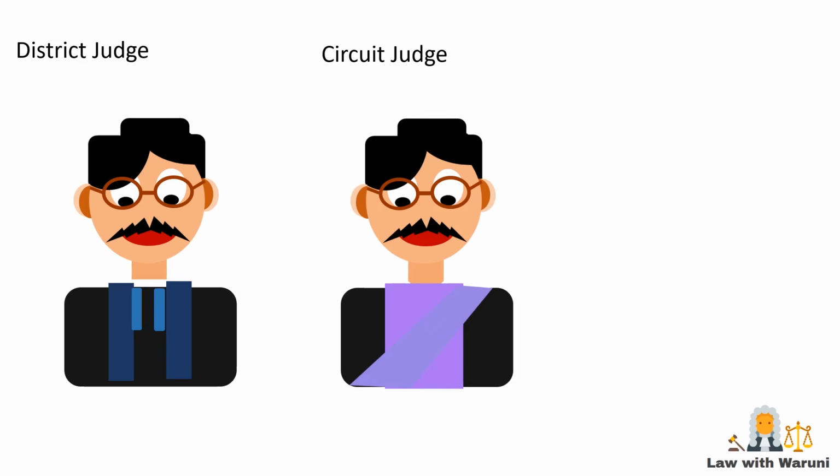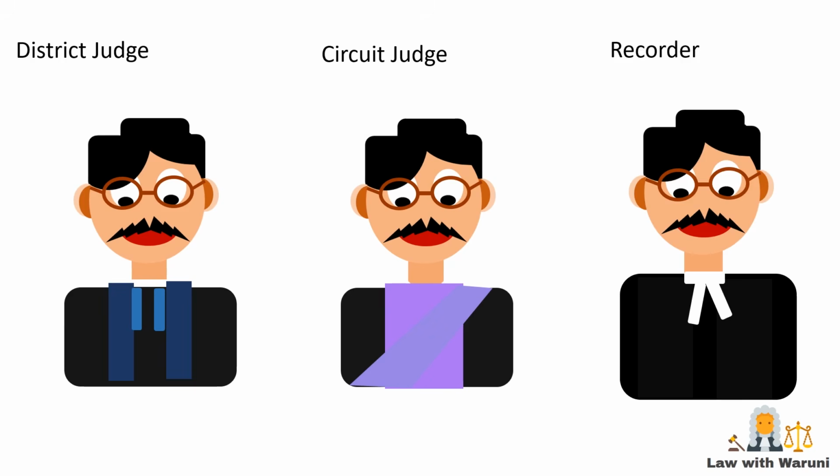There are 3 types of judges who sit in the county court. They are circuit judges, recorders, and district judges. Recordership is often the first step on the judicial ladder to appointment to the circuit bench. Recorders' jurisdiction is broadly similar to circuit judges, but they will handle only less complex cases.